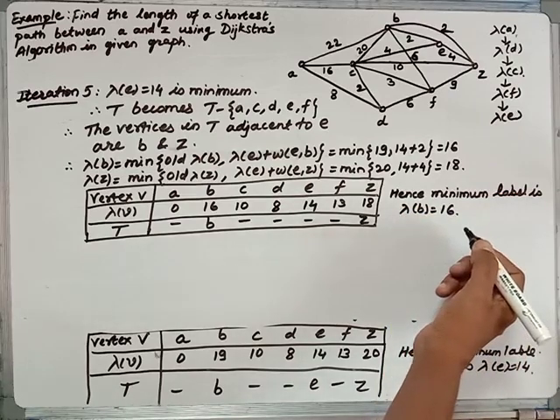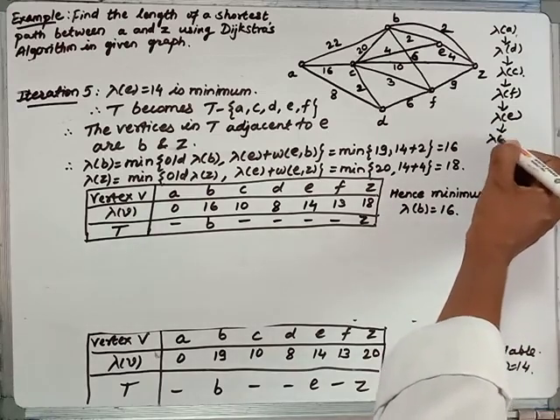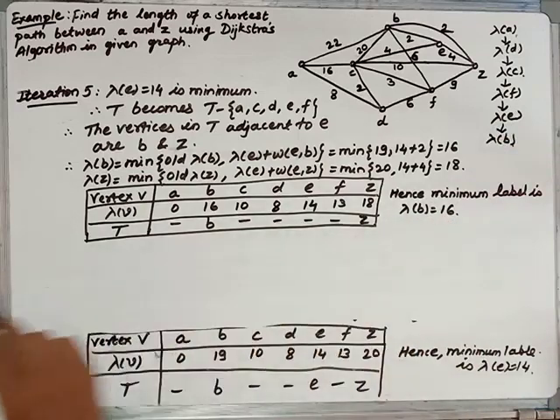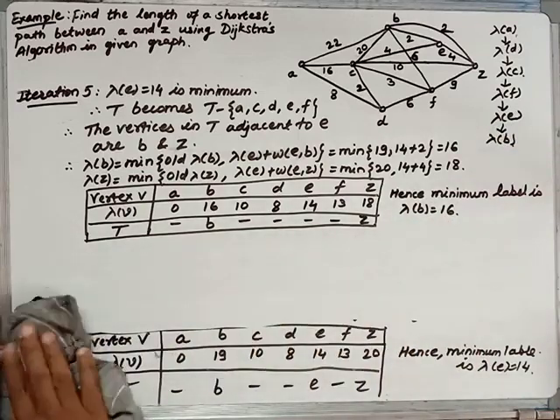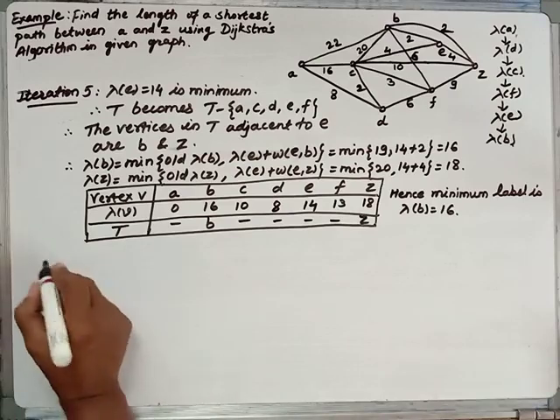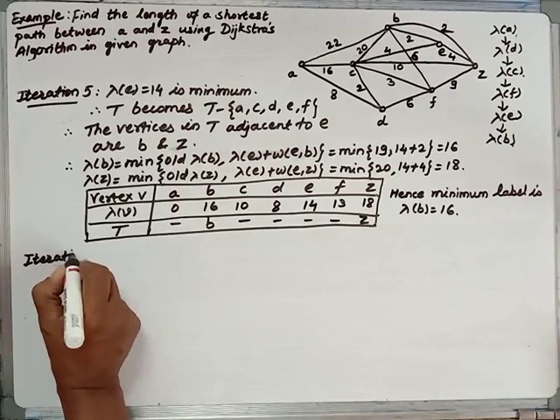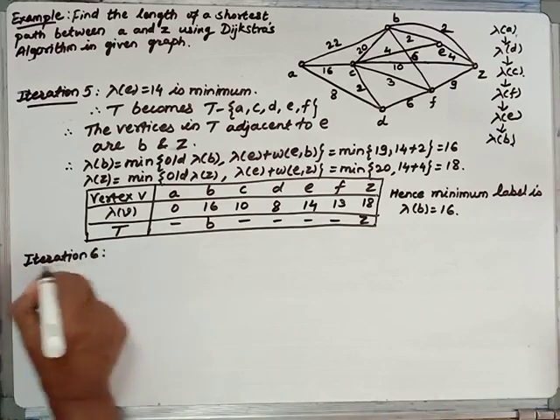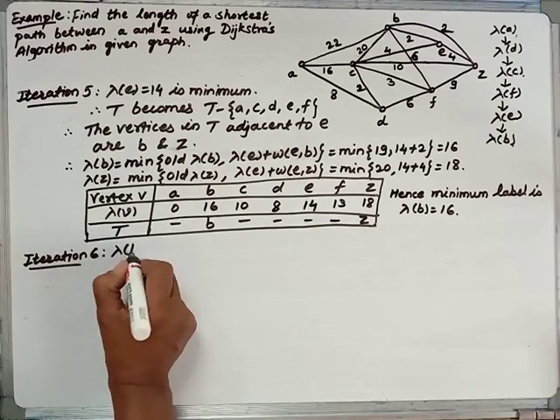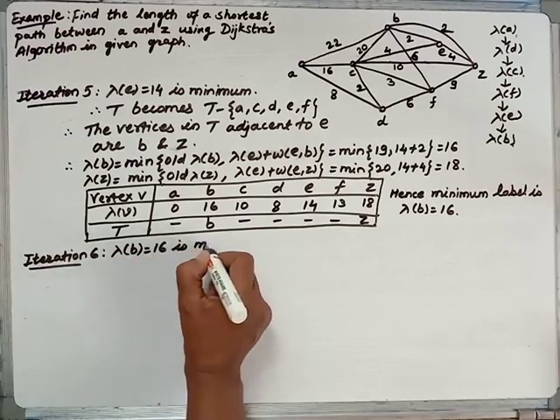Lambda of B is 16. So from E we will go to B, right? Okay. So let's do the iteration for that. So here iteration 6. Lambda of B equal to 16 is minimum.